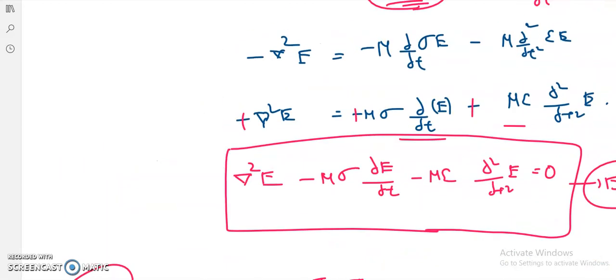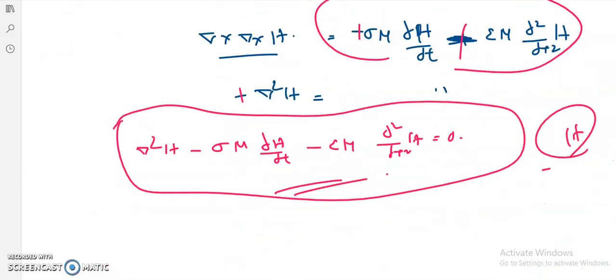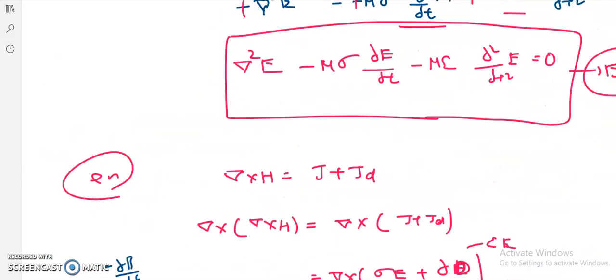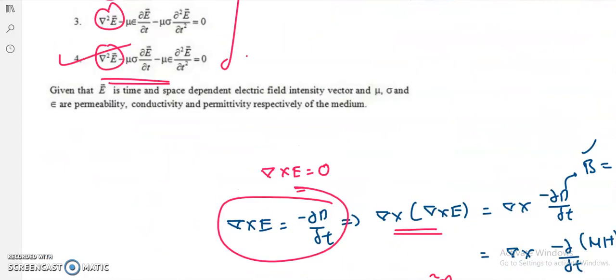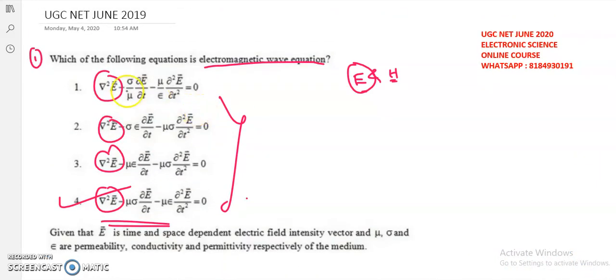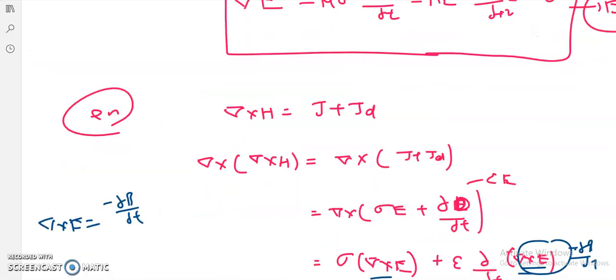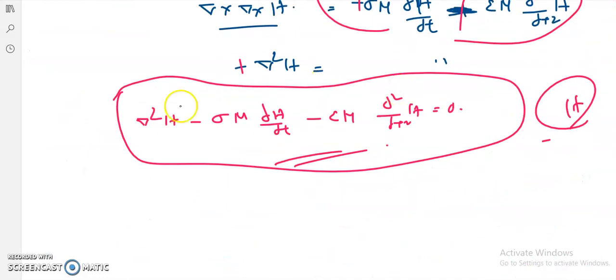Anyhow, both these two are different types of equations you have to remember, or else you can derive them like this also. So if they give the options in the exam with respect to the electric field, then that is the correct answer. If they give the expressions with respect to the magnetic field, then the option is del square H minus sigma mu dou H by dou T minus epsilon mu dou square H by dou T square is equal to 0.